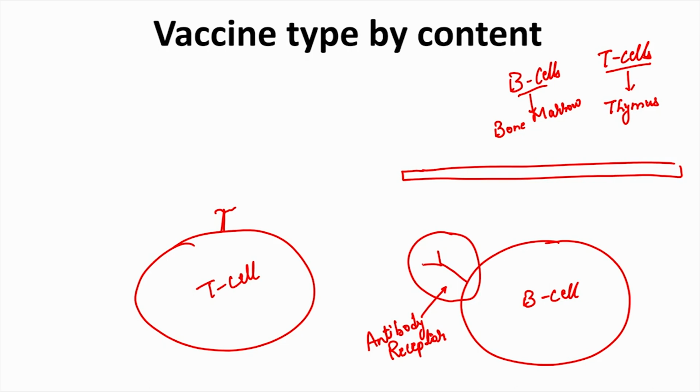So, typically the head portions here and here are highly variable, and the tail portion, where it connects to the membrane, is conserved.